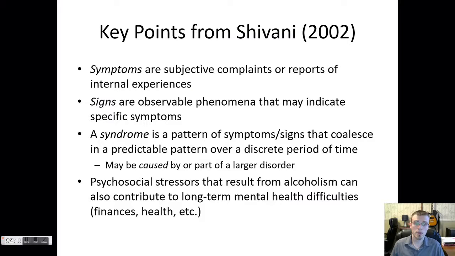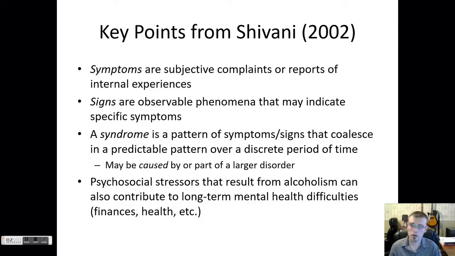Some of those mental health symptoms may be due to an independent mental health disorder. Others can be a direct result of the effects of a substance on one's mind and body. But another thing to keep in mind is that alcoholism and other substance use disorders can cause major difficulties in somebody's social environment, or financial difficulties, or physical health.